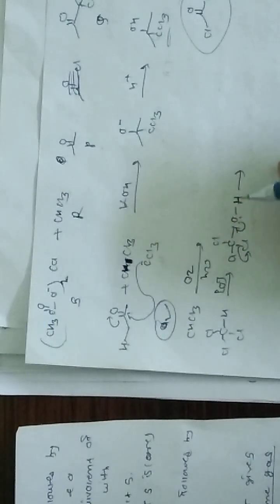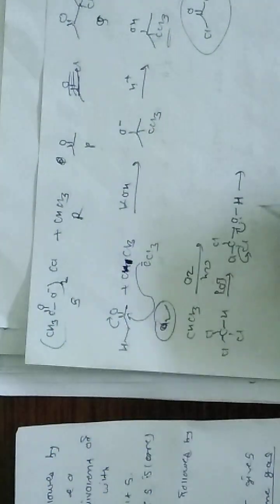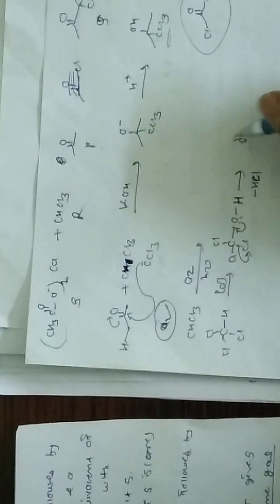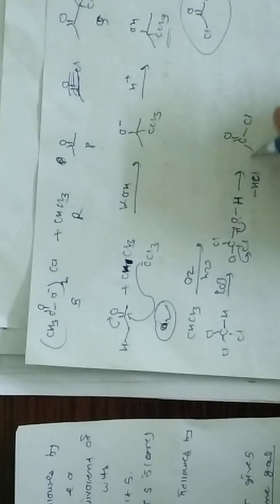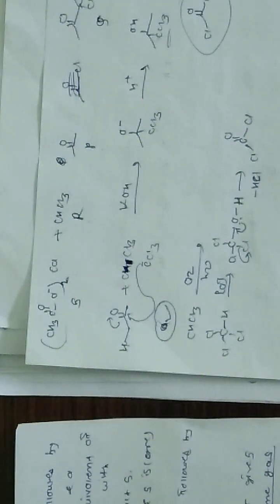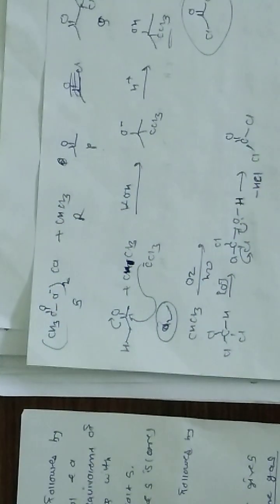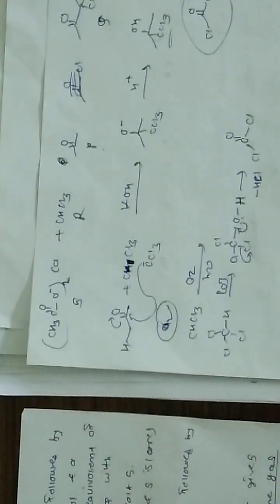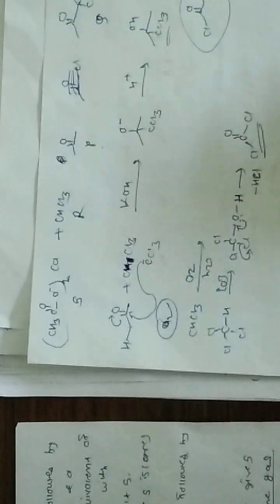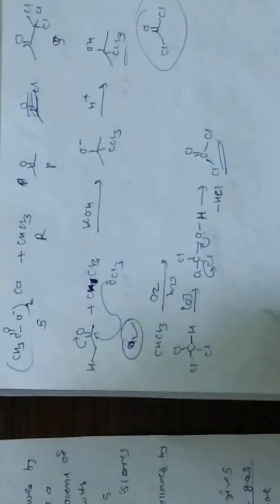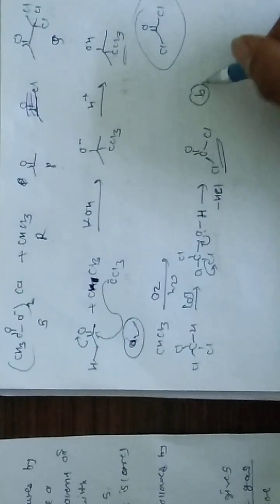Now what is the driving force of that reaction? This will leave as HCl gas, and phosgene is also a gas, so the entropy of the products increases, therefore this is a spontaneous reaction. Therefore this reaction will happen and this will be phosgene gas. So option B is also correct.